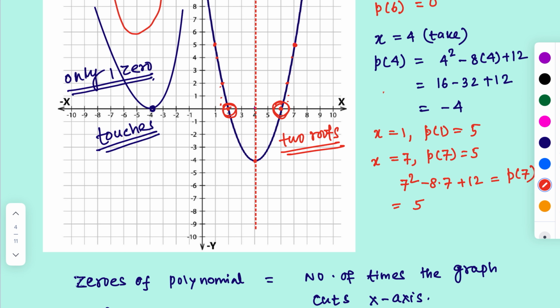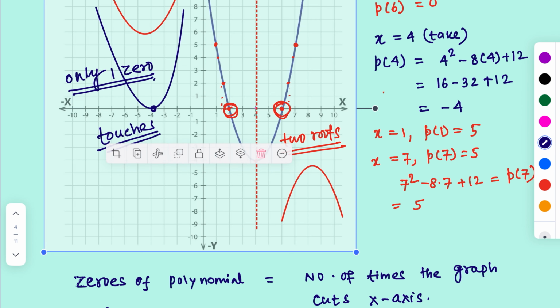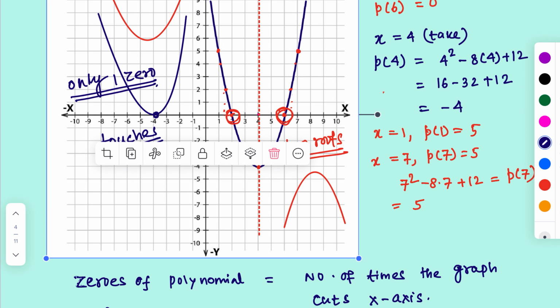For example, if we consider this one, this curve does not touch or intersect the x-axis. Similarly, suppose you take this one, this is not touching the x-axis, so it has 0 roots.